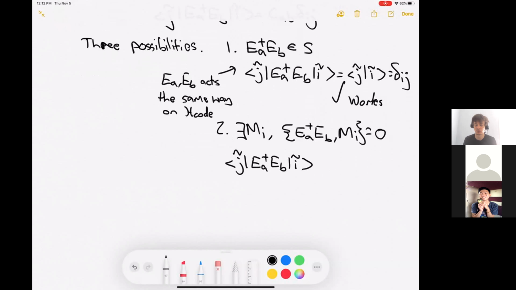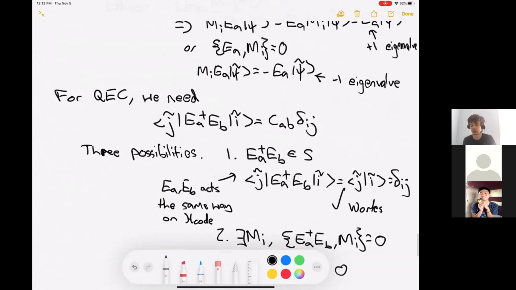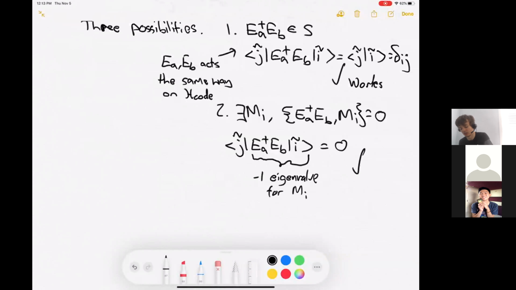Well, EA dagger EB I tilde is going to be of eigenvalue -1 for mi. J tilde has +1 eigenvalue because it's in the code subspace. So this is going to be equal to 0. Again, it's proportional to something times delta ij. So that's fine. So this is again consistent with quantum error correction.